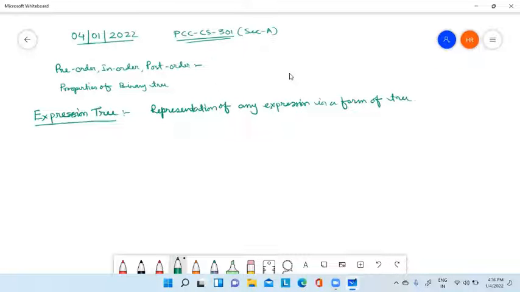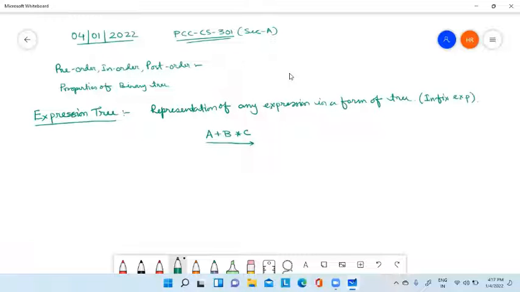Okay, so generally we do this for an infix expression. So suppose this is one infix expression, a plus b into c. And if I want to draw a tree for this expression, then it will be called an expression tree.